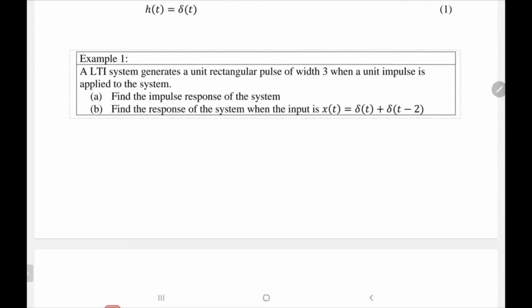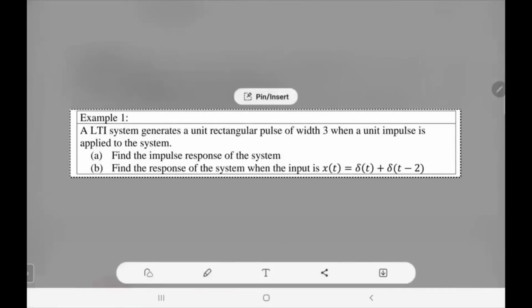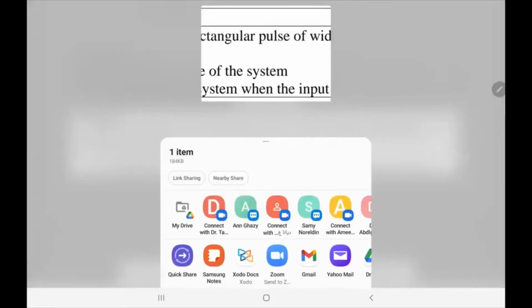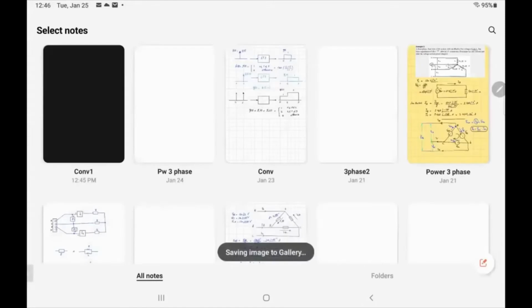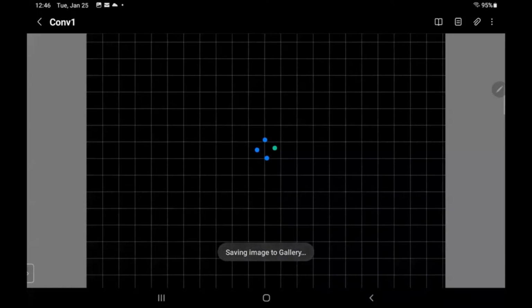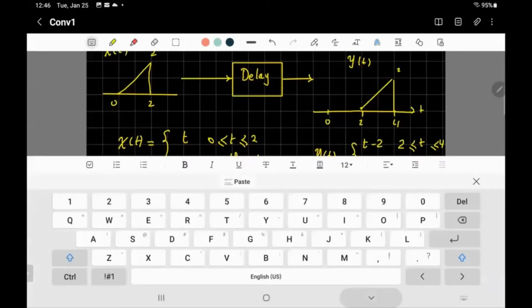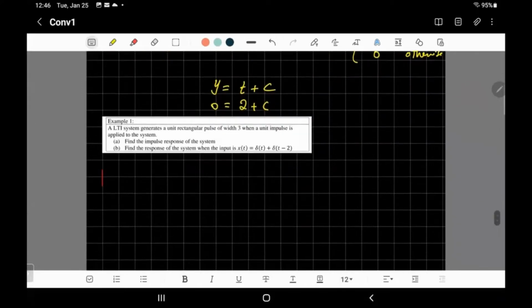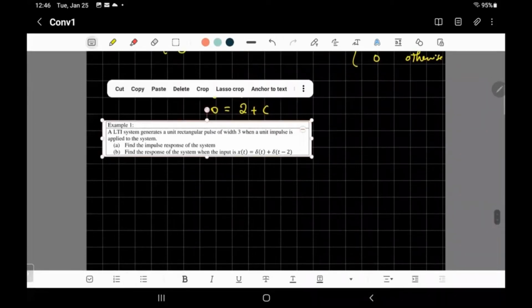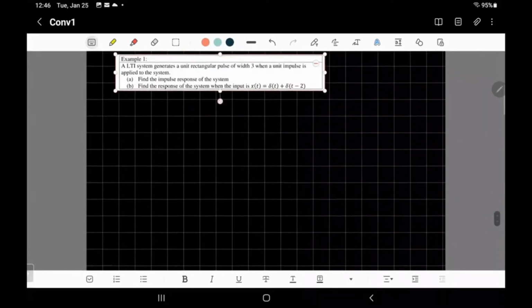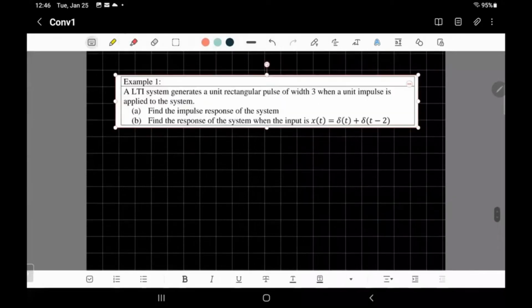I want you to help me solve this problem. Can you see it?